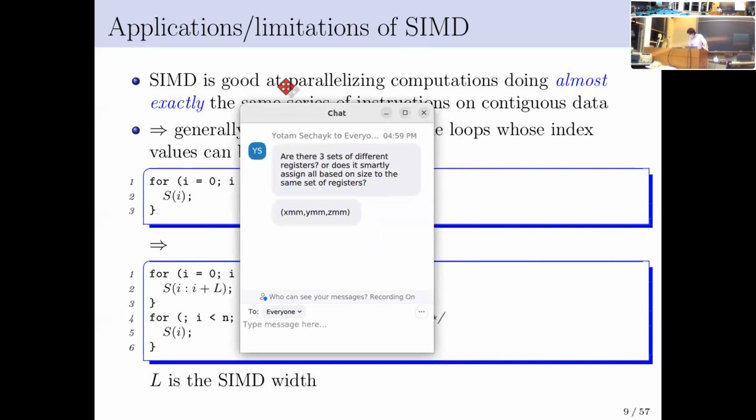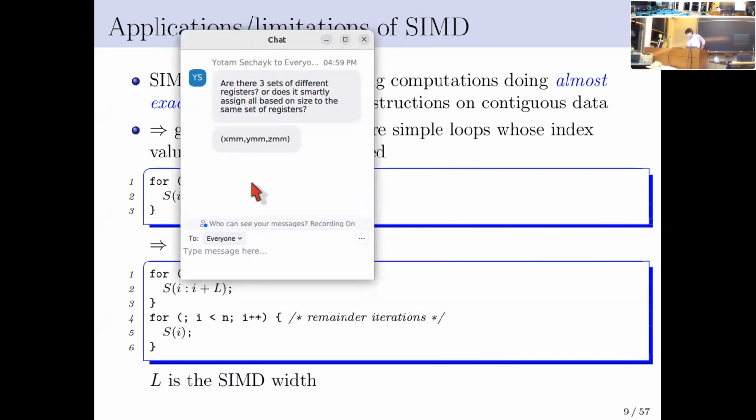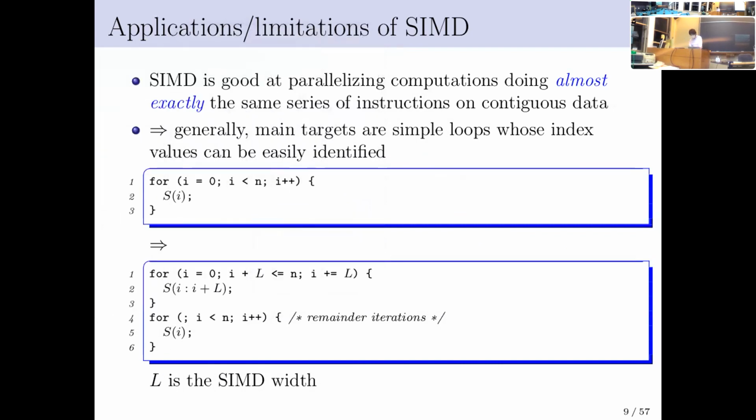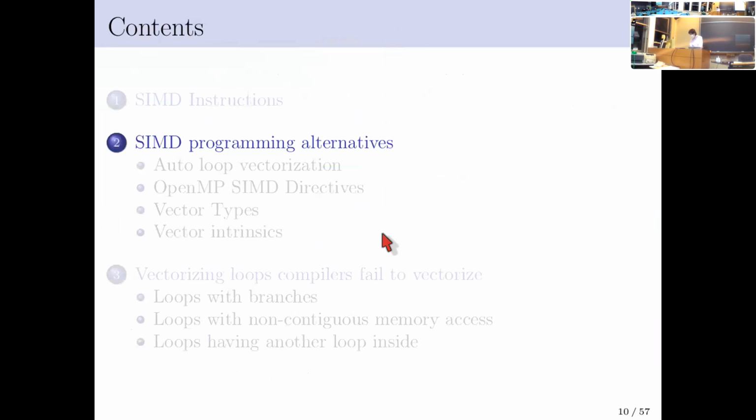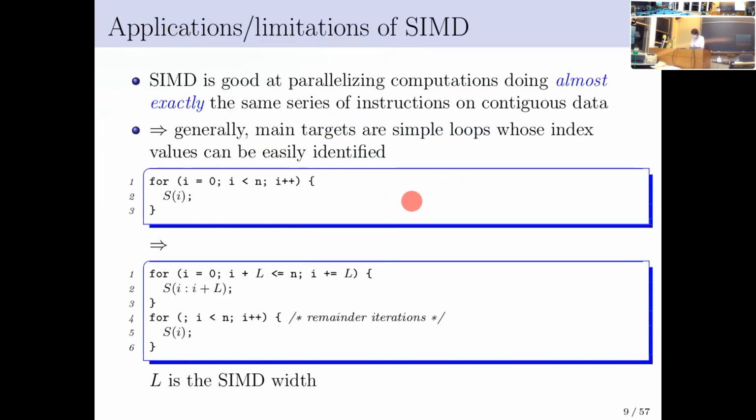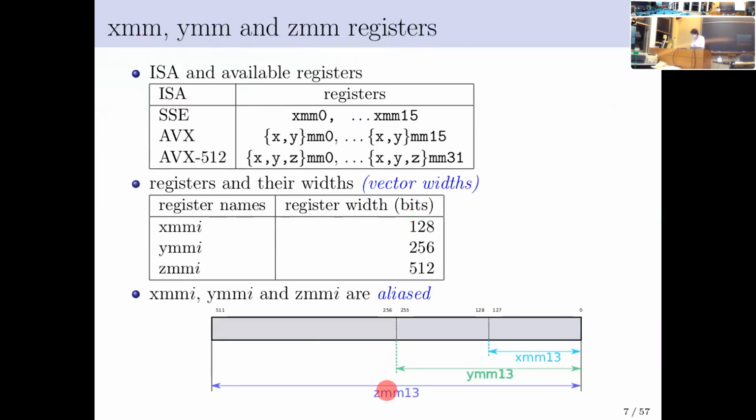So I got a question. The question was, are there 3 sets of different registers, or does it smartly assign all based on size to the same set of registers? Yeah, this is exactly what I talked about in the earlier slide, this one.